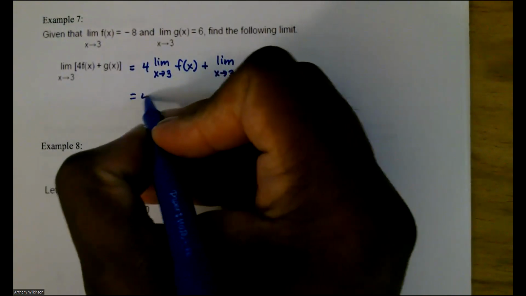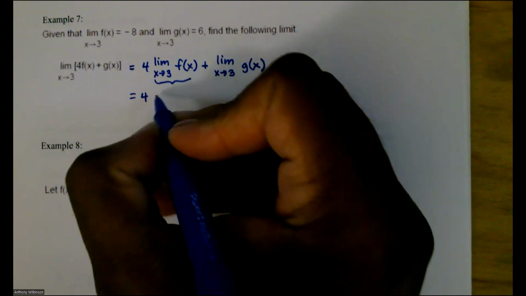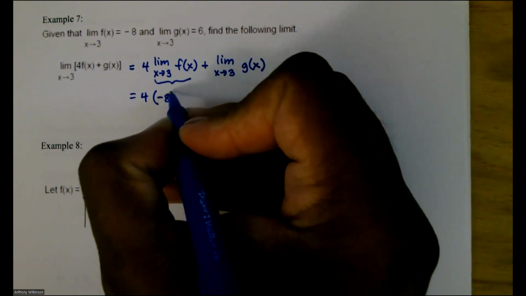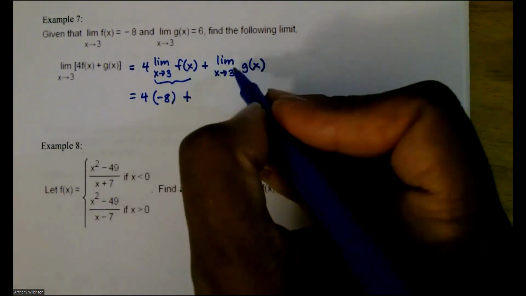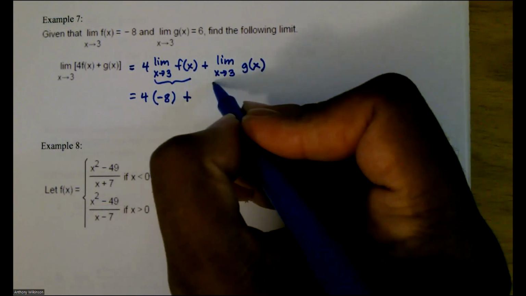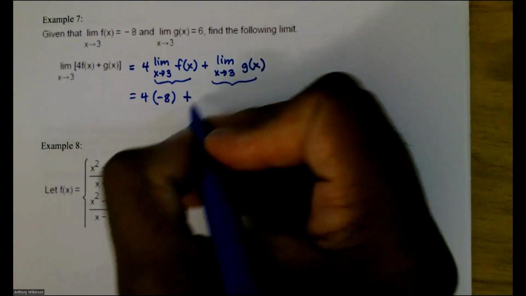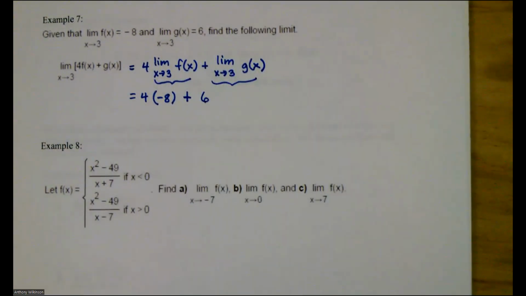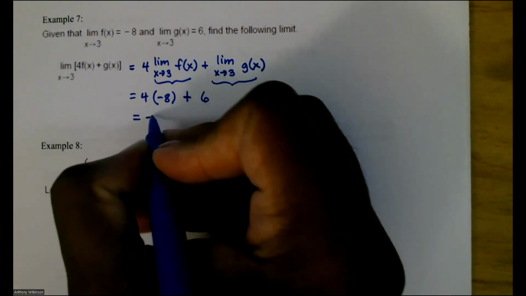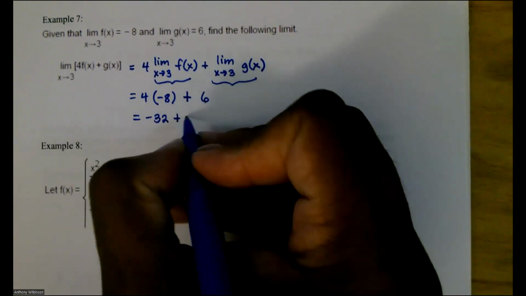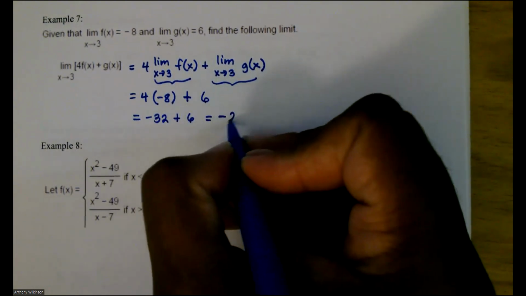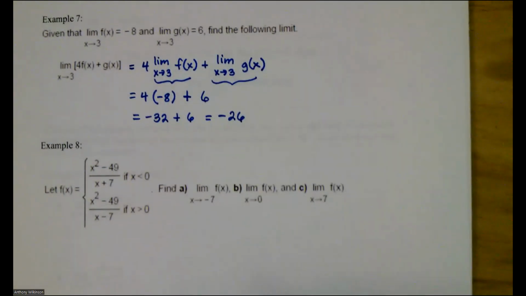So I can replace this with the negative 8 plus the limit as x approaches 3 of g of x, that's this right here, is equal to 6. So we're told what those limits are. Now let's simplify. 4 times negative 8 is negative 32. Negative 32 plus 6 is negative 26.